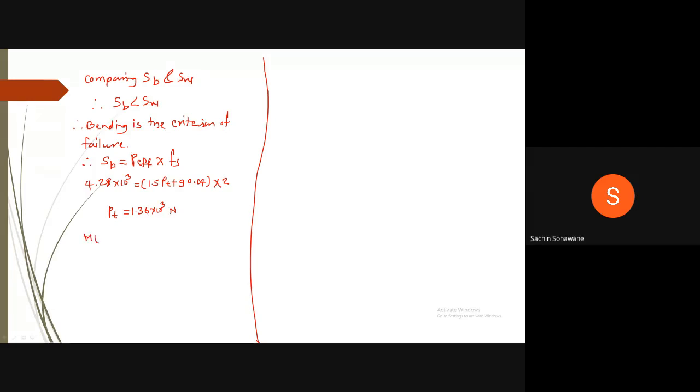Therefore torque transmitted MT is equal to PT into dP divided by 2, which is equal to 1.36 into 10 raised to 3. What is dP? dP is equal to 80 mm. Therefore 80 divided by 2. What is MT, torque transmitted?